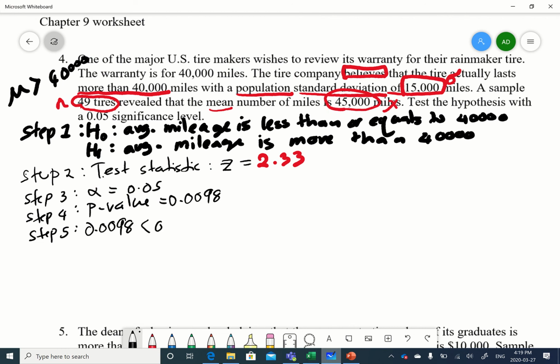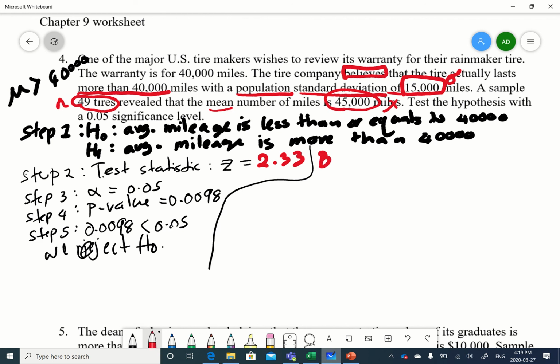The p-value is less than 0.05, right? So we reject H naught. That means we have to accept their statement. They believe that it's more than 40,000, and it is.